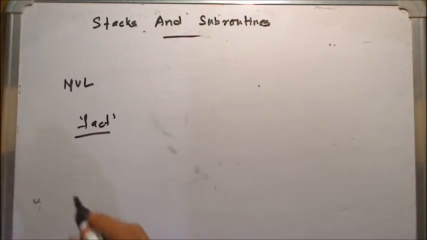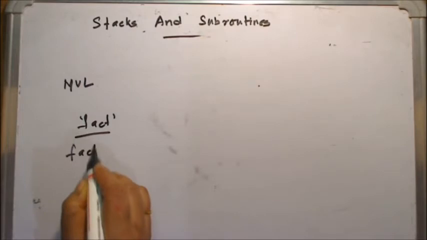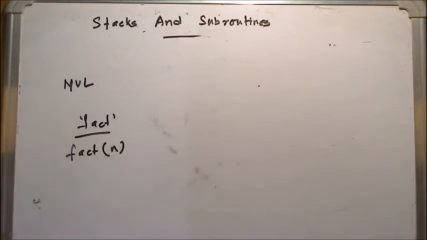In brackets, if you write fact n, you are calling the function, and then you write the body of the function. Whenever you call the function, in the bracket you write your parameter, let's say 10, 20, 30, etc. That is your parameter.